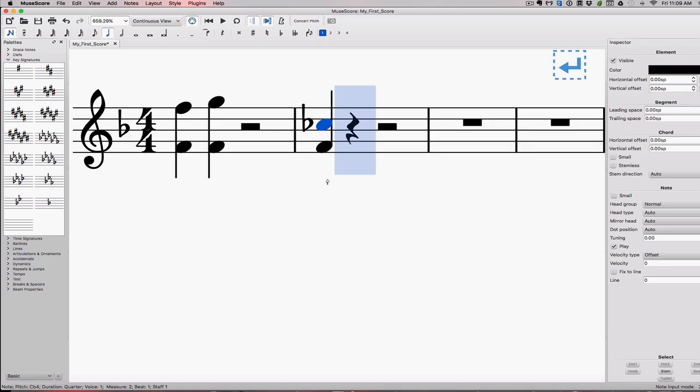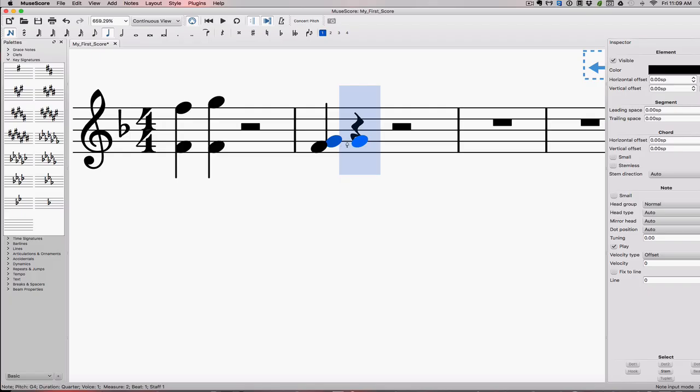And if this is a second, then I add 8 plus 2 and I get a tenth, which is wrong, right? That's not the way we think about it. What we do is we actually count all the way up from the bottom note. So 2, 3, 4, 5, 6, 7, 8, 9. We end up at a ninth.